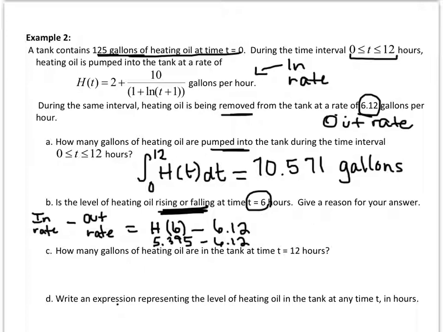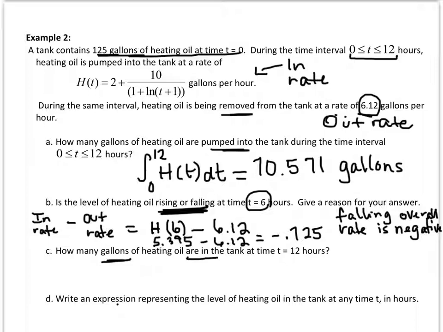That's obviously negative. So that means that the level of heating oil is falling because the overall rate of change is negative. Or you could say because the rate in is less than the rate out. Either would be okay.